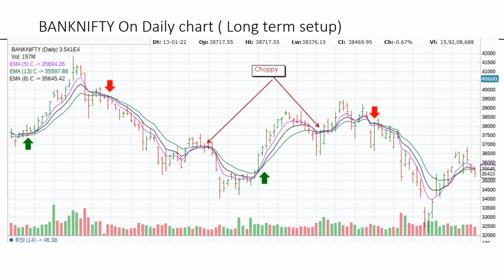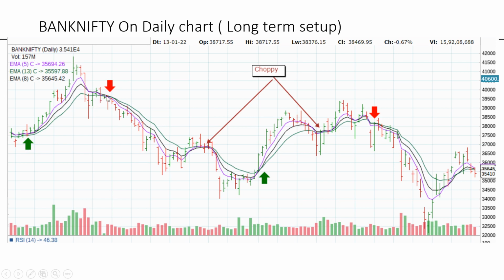Okay, now the second example. We are again taking a long term setup, that is our daily chart, and here we are looking at an example of the second most important index, Bank Nifty. If you look near my mouse where the green big arrow is, I think it's around 36,000 or 37,000 where we had a clear buy signal, 37,500, and that carried all the way till 41,000.